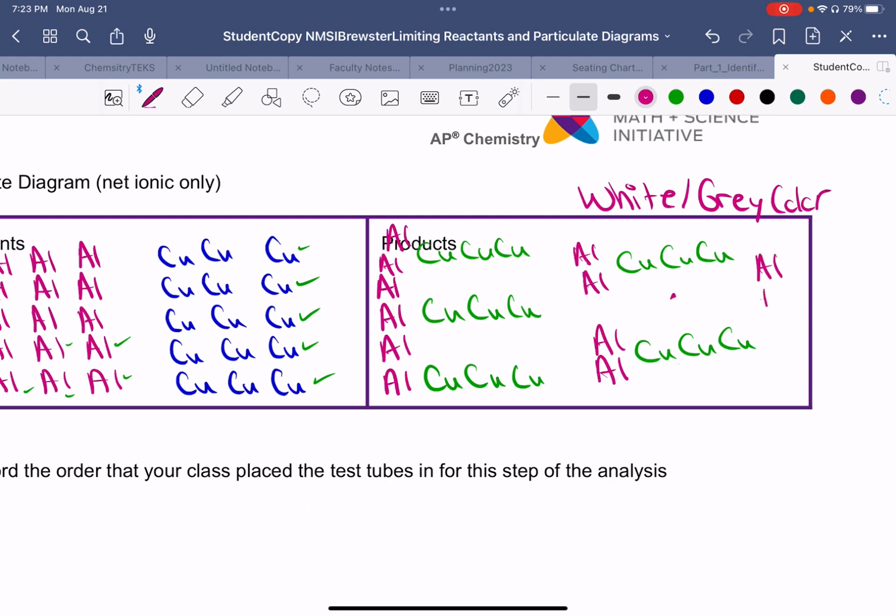And I still have 11, 12, 13, 14, and 15. What I'm showing is that I still have extra aluminum.